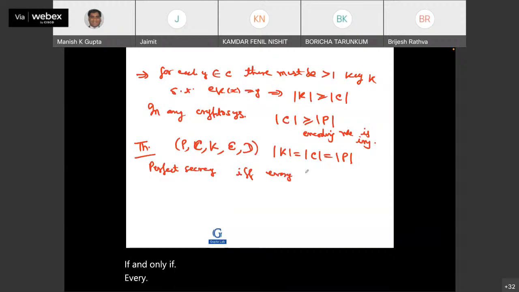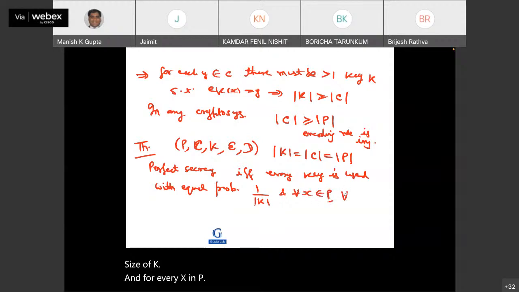every key is used with equal probability, one divided by size of K, and for every x in P and for every y in C, there is a unique e_k such that e_k of x is equal to y.